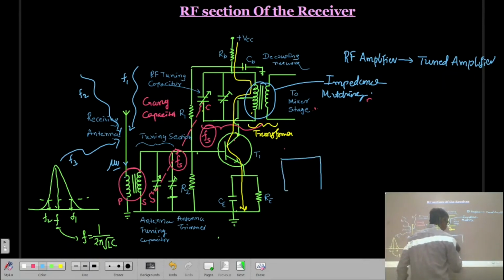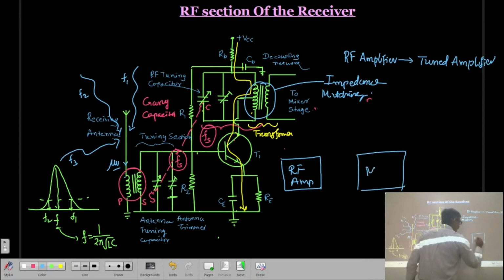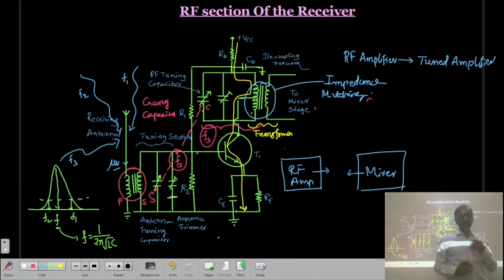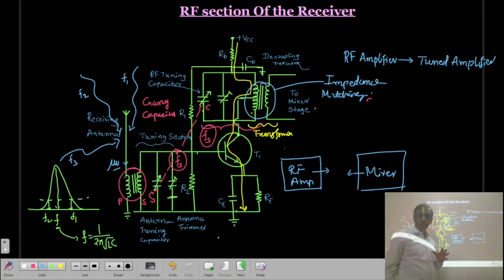Here we have this RF amplifier, and my next stage is a mixer stage. The output impedance of this and the input impedance of the mixer stage are not identical. If the impedances are not identical, then there will be a loss of the signal. And remember, here we are dealing with a very small amplitude signal. If this signal is lost, then there is no use of the RF amplifier.